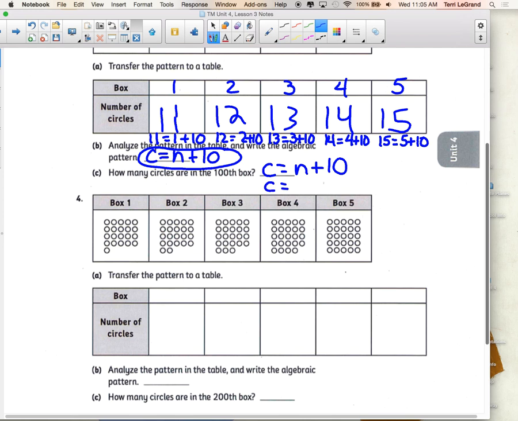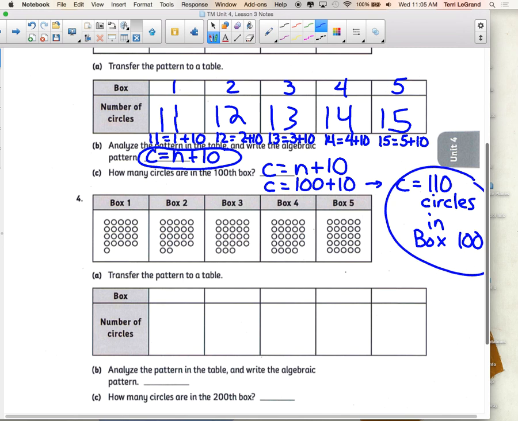C equals 100 plus 10. So that means there is how many circles in that box? 110 circles in box 100. First of all, that would be a whole lot of boxes to draw, and that's a whole lot of circles besides. And keeping track, isn't it?